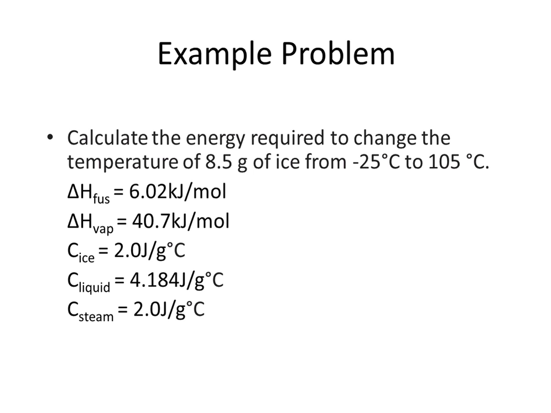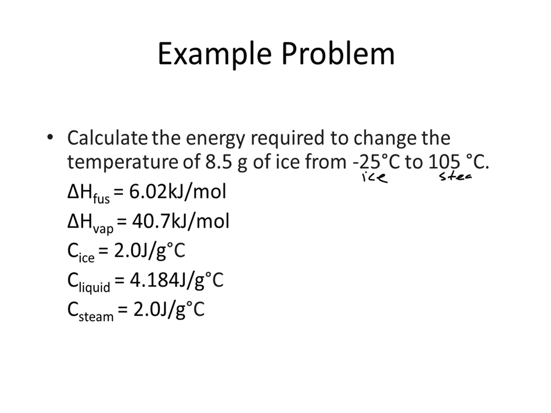Calculate the energy required to change the temperature of 8.5 grams of ice from negative 25 degrees Celsius to 105 degrees Celsius, which means here I'm ice, and here I'm going to be steam, which means somewhere in the middle I need to have been liquid at some point.